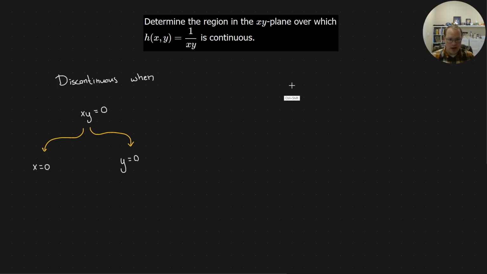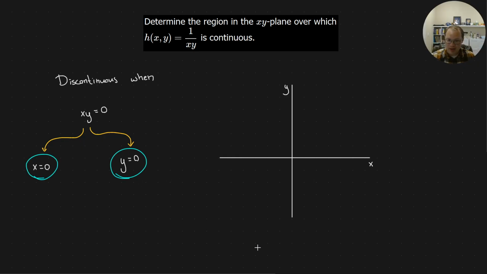Okay, so if I again take that overhead view, looking down the positive z-axis at just the xy plane, what are the x and y values that I can plug in that will allow this function to be continuous? I'm going to rule out the values that are discontinuous.